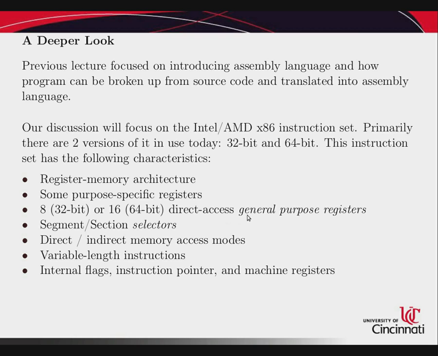These are called general purpose registers, which means that you can generally operate on each one of them, or I should say they are interchangeable with each other in any operation that'll work with register data. Some of them, again, have some specific purpose to them, but you can also generally use them.